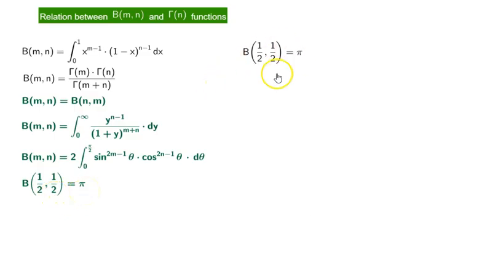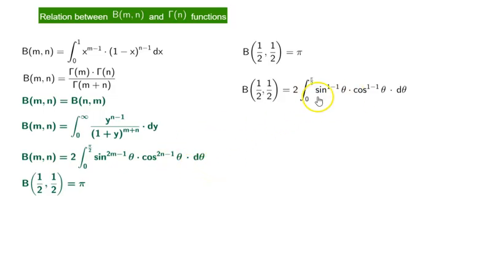Now let's look at another way of proving this by using this identity. So beta of 1/2, 1/2 is equal to 2 times the integral from 0 to pi/2 of sin to the power of 2 times 1/2 minus 1 theta times cos to the power of 2 times 1/2 minus 1 theta d theta.